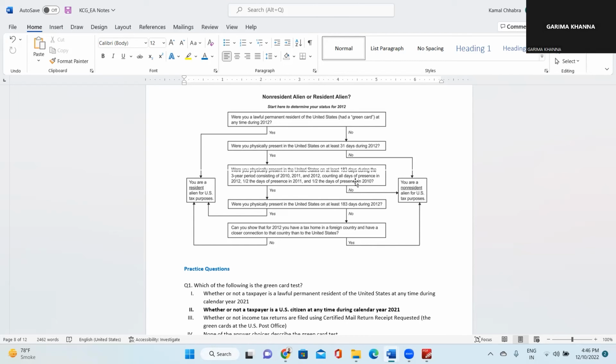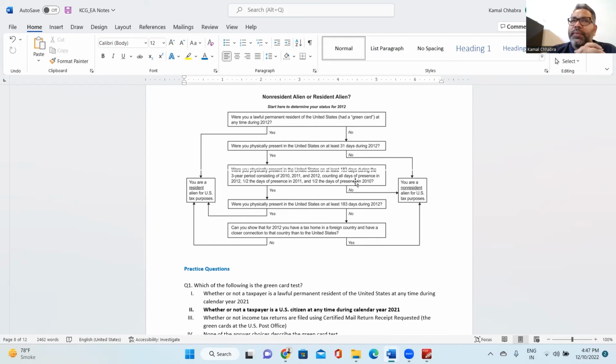If the answer is no, then you will be asked the second question. Were you physically present in the United States for at least 30 days during the year? If the answer is yes, then you need to do the subsequent, or you can say previous 2-year, physical residency test. If the answer is no, then it will go straight to non-resident alien for US tax purposes.